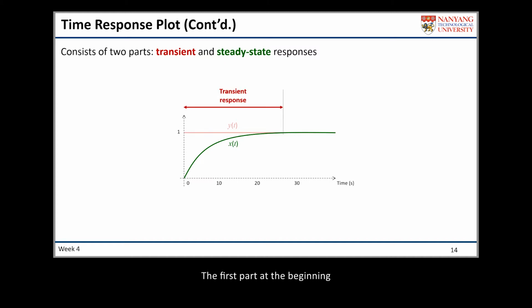The first part, at the beginning, we call the transient part, where the response is still varying in time. The next part, we call the steady state part, where the response starts to follow the input precisely. So again, from an engineering perspective, the response of a dynamic system, or the solution of a differential equation, we can classify into transient response and steady state response.